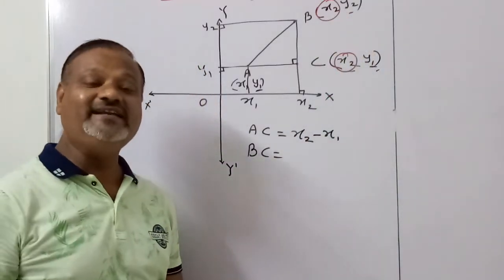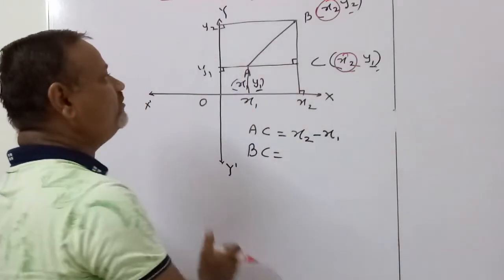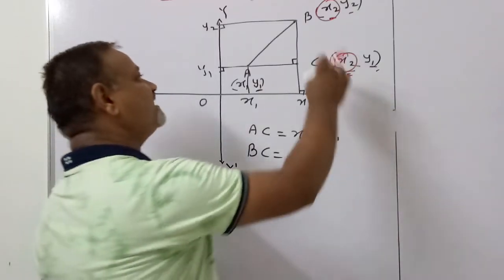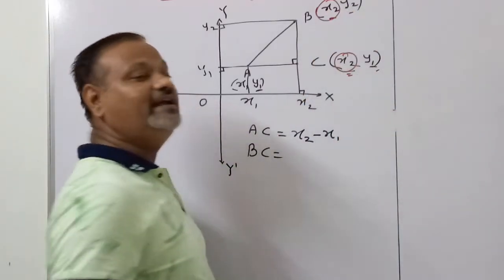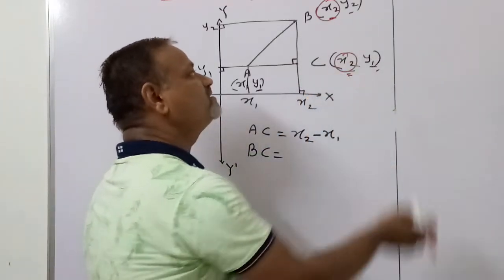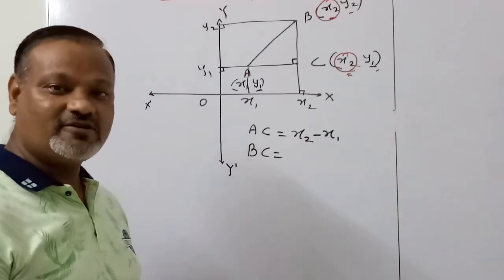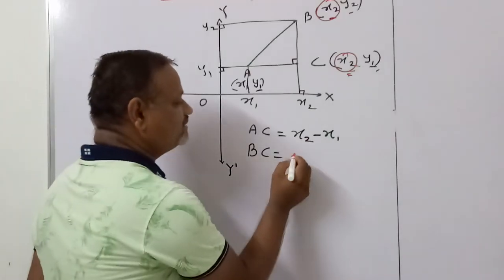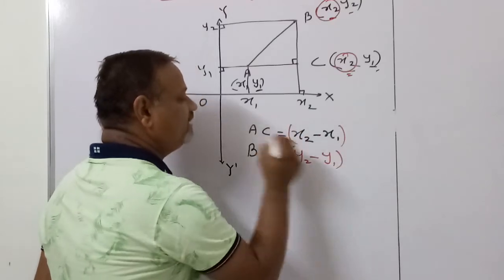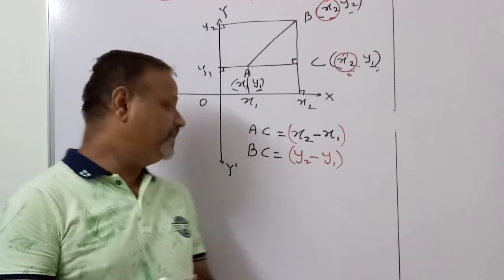Because this point lies on the y axis. तो y axis पे है तो इसका x कोऑर्डिनेट सेम हो गया, तो ग्रेटर माइनस स्मॉलर करेंगे तो x कोऑर्डिनेट में जीरो आ जाएगा. तो बचा y2 माइनस y1. y2 क्यों, क्योंकि ग्रेटर कोऑर्डिनेट y2 है, therefore this is y2 minus y1. Understood? So these are the two values, that is AC and BC.